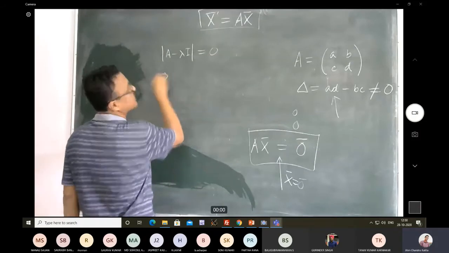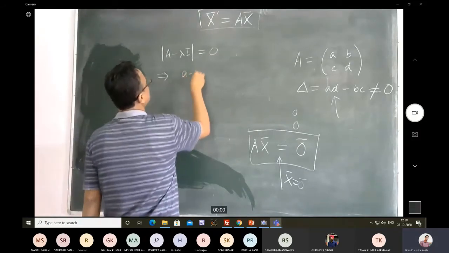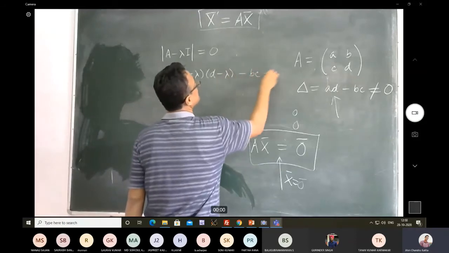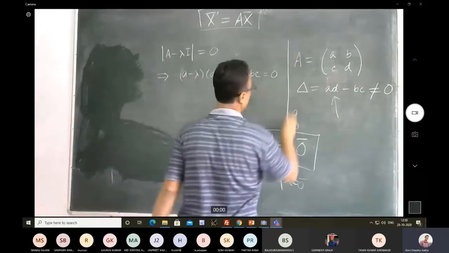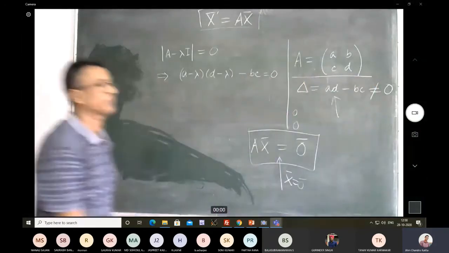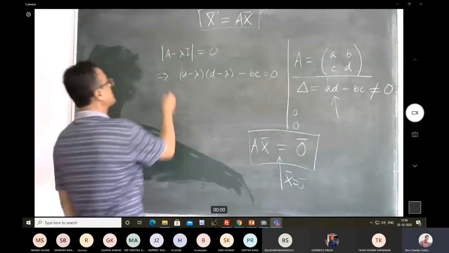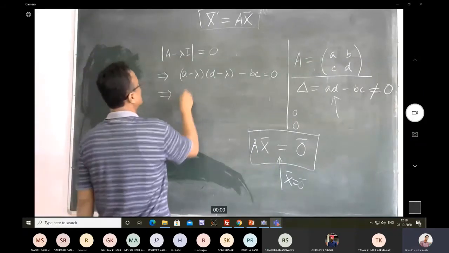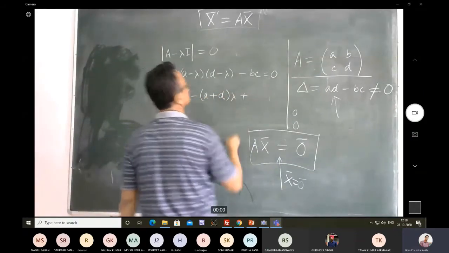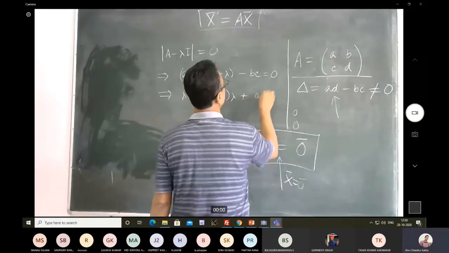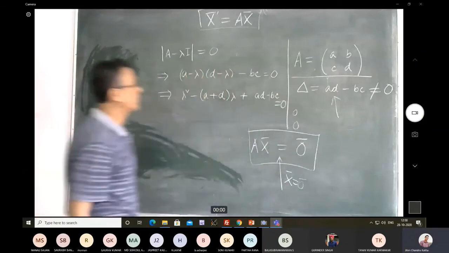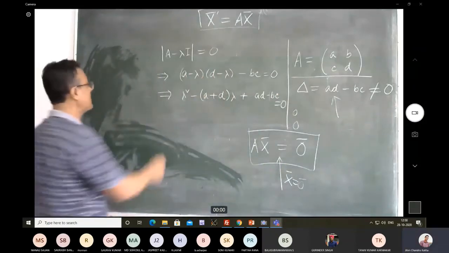So this means (a minus lambda)(d minus lambda) minus bc equals 0, right? If my A is this.